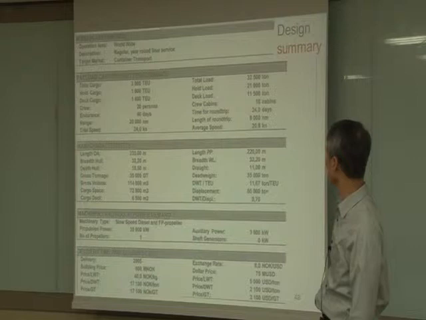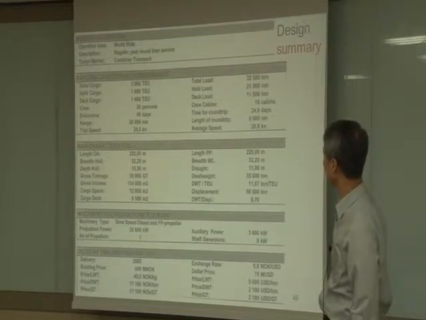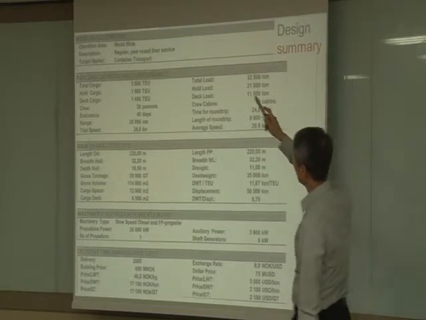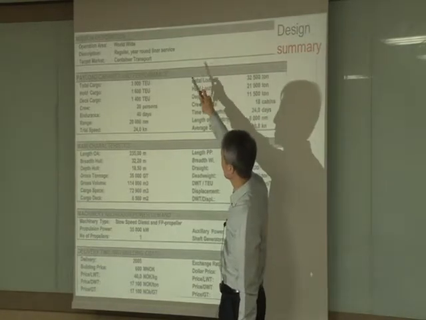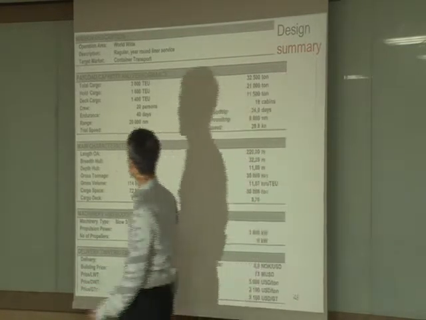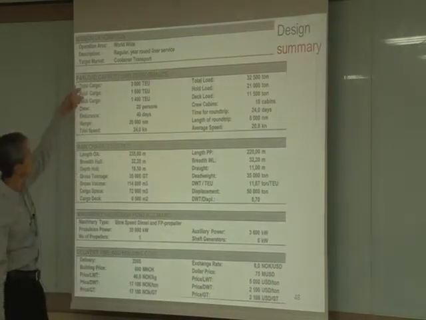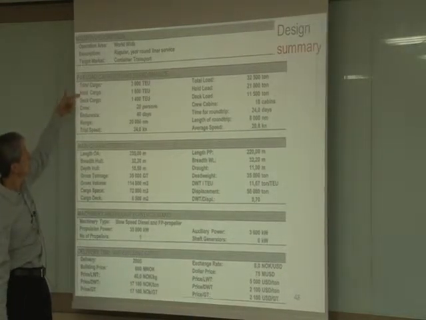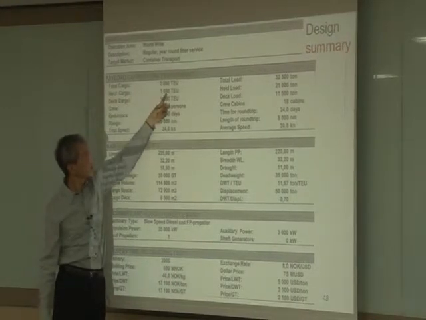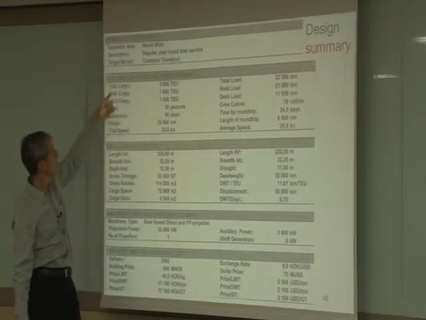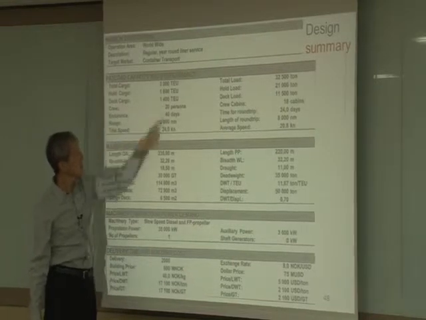So this is a design summary. Once again: mission description, operation area worldwide, regular liner service, then cargo, 3,000 TEU, divided between the hold and above deck. We have more containers in the hold, fewer on the deck.